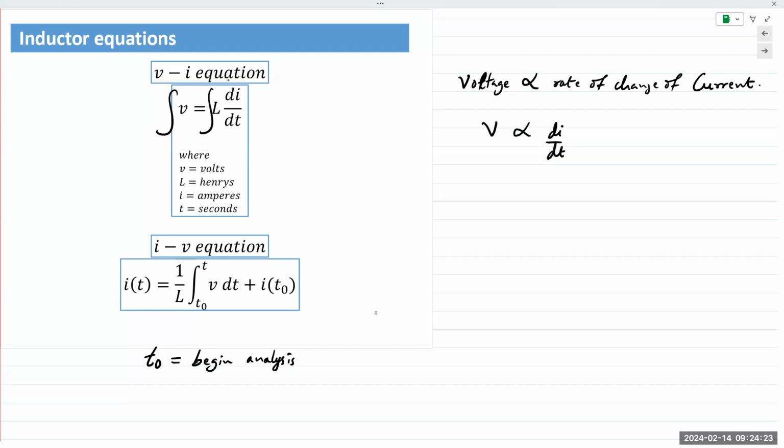But if you wanted to look at a small piece of that interval, let's say from 5 to 7, then t equals 5 seconds would be your initial time, the time at which you began your analysis. Does that make sense? Even though it says t0, t0 could have any value. Within a time frame, t0 is the point in time where you begin your analysis, and then this t is the variable.